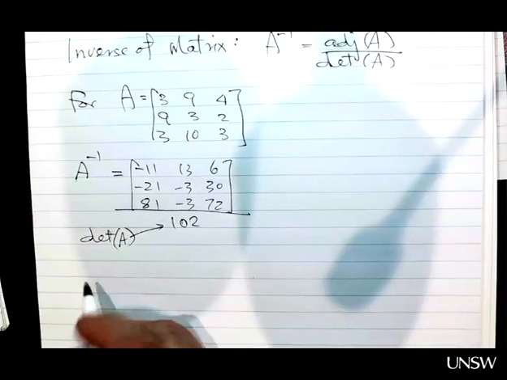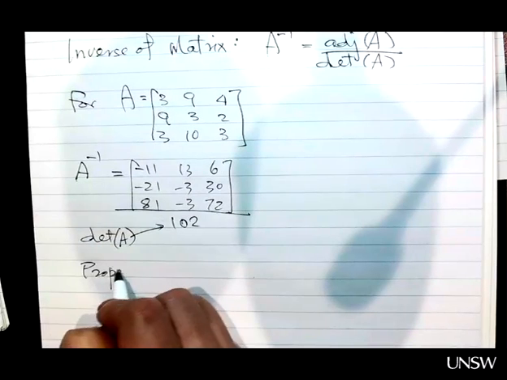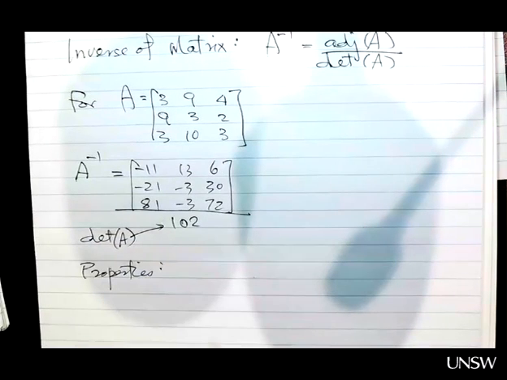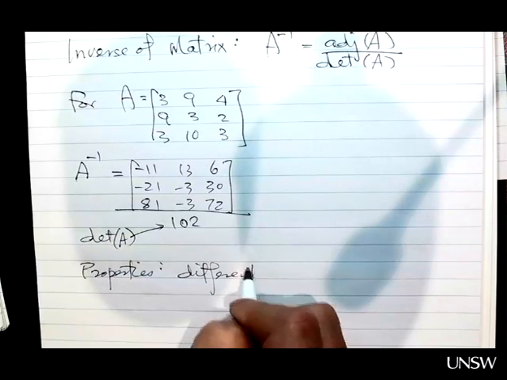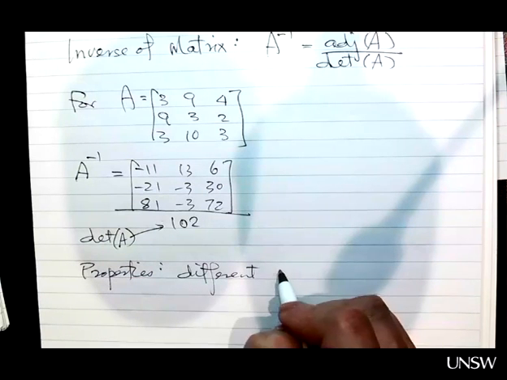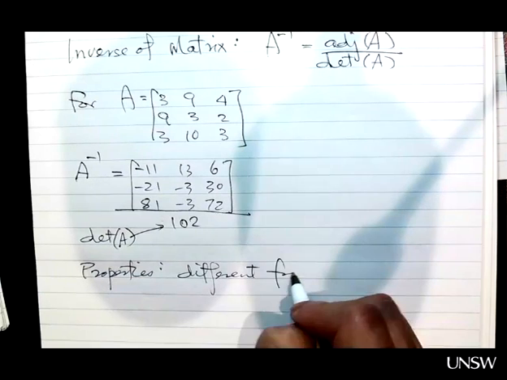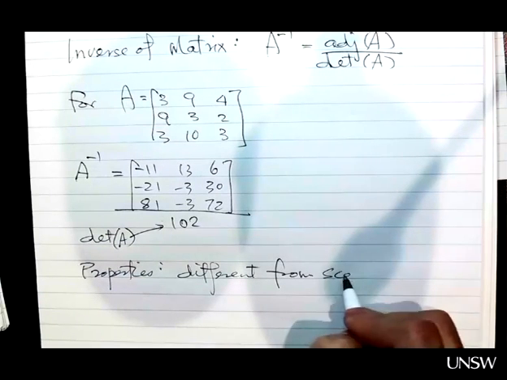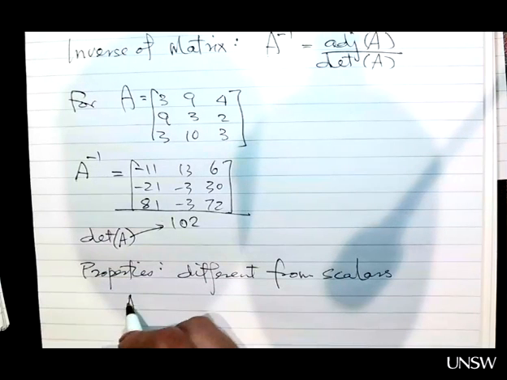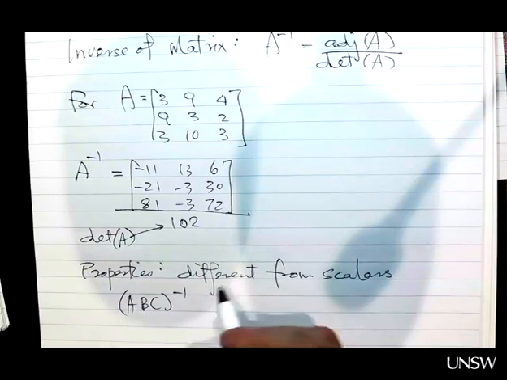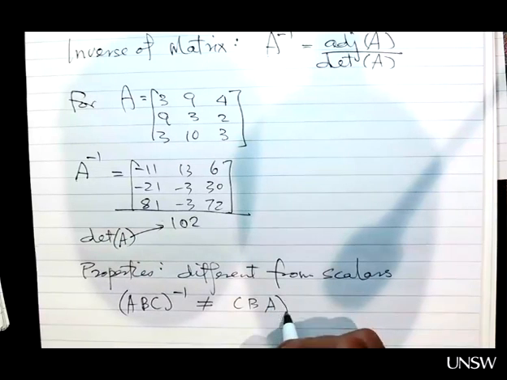So the important properties. Properties of matrices are different from scalars. For example, if we have (ABC) inverse, it is not equal to (CBA) inverse.